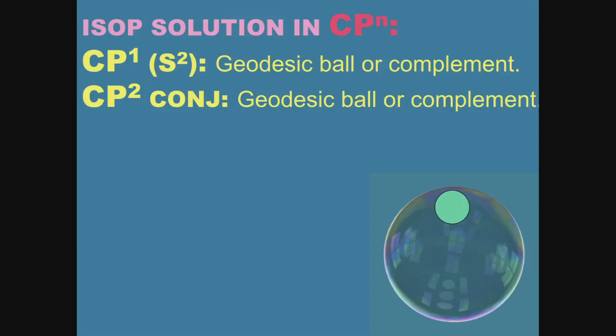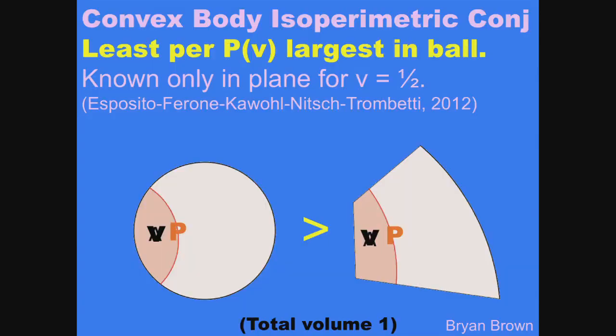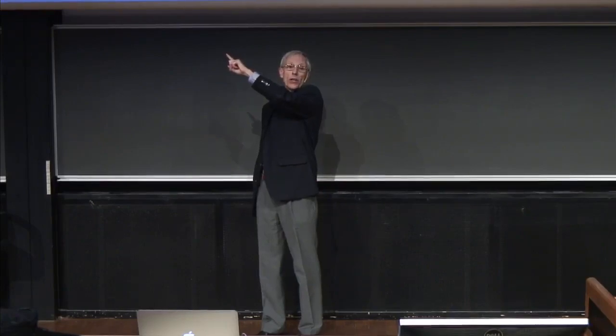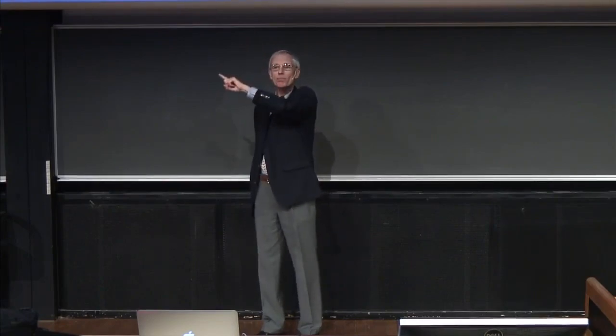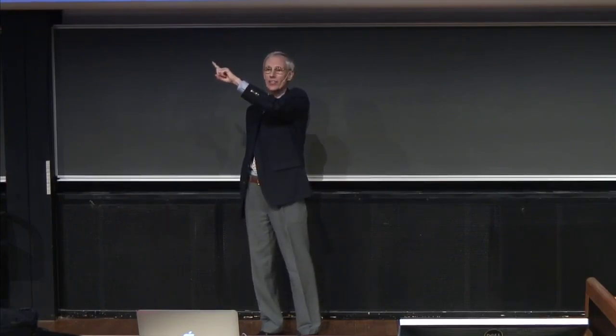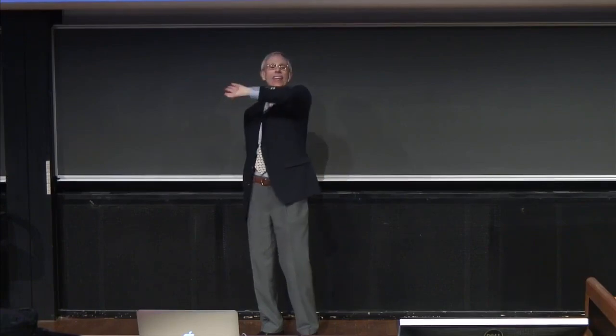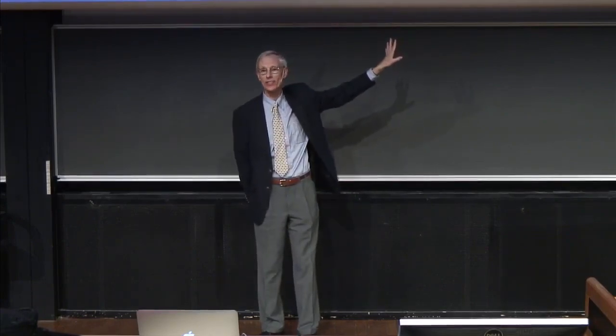But you don't have to go to strange spaces. Suppose you just take a region in the plane or a region in space, of volume 1, and you want to fence off some fraction of that region. Well, the best way to do it usually is fencing off some corner, as we did in the shape on the right. For that reason, it's very inconvenient to be located in the ball, because there's no corner to fence off. The conjecture is that it's more expensive to fence off a given fraction of the volume in the ball than in any other convex region.